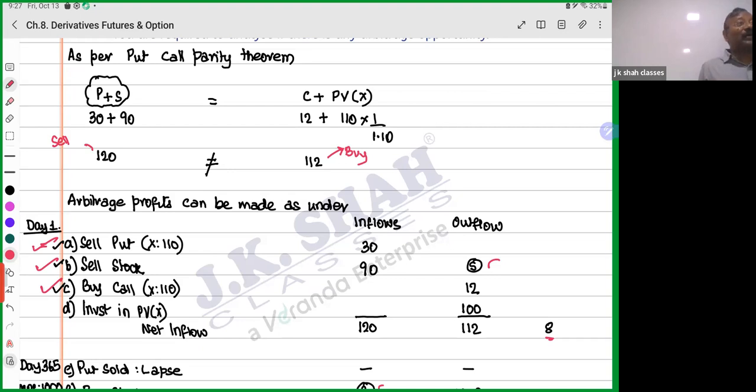See, I've taught you the arbitrage between stock and stock futures. Now I'll tell you the arbitrage between stock and stock options. And then we'll see, can we do it between options and futures? Stock, futures, options. Stock and futures, we said arbitrage. Stock and options arbitrage.